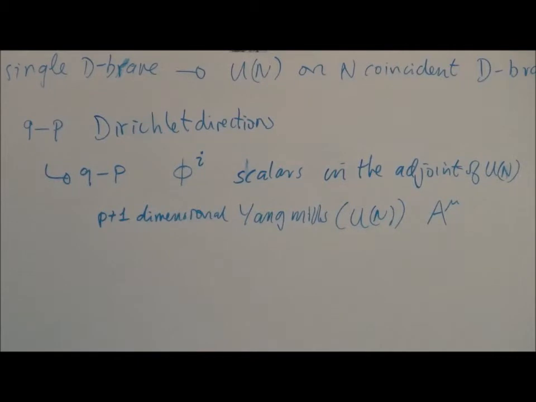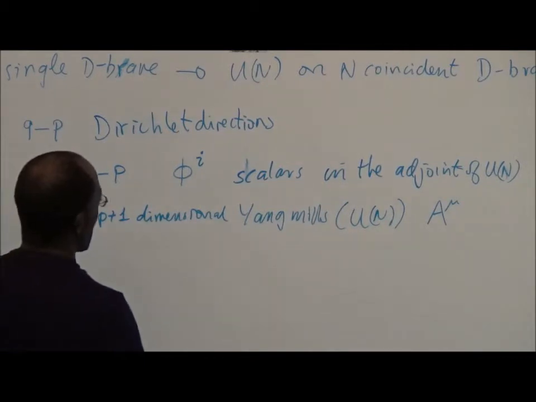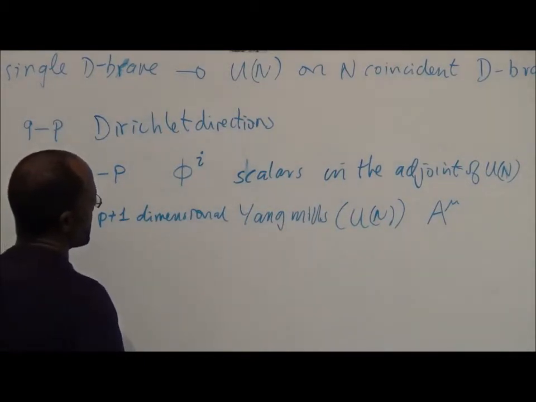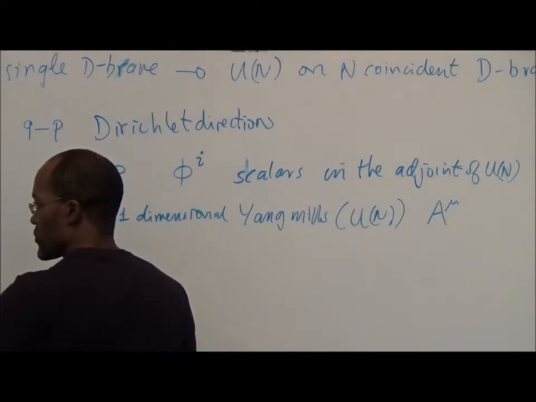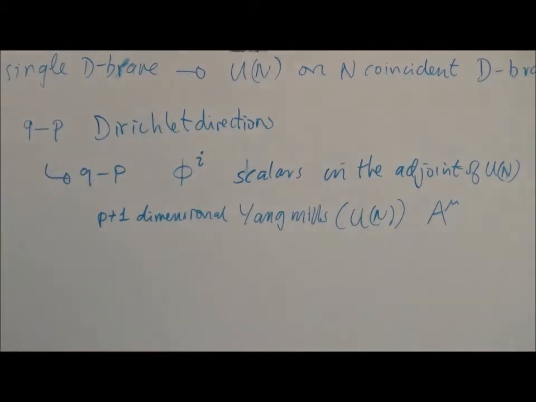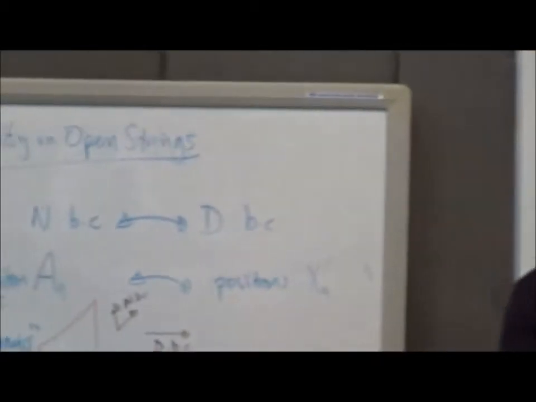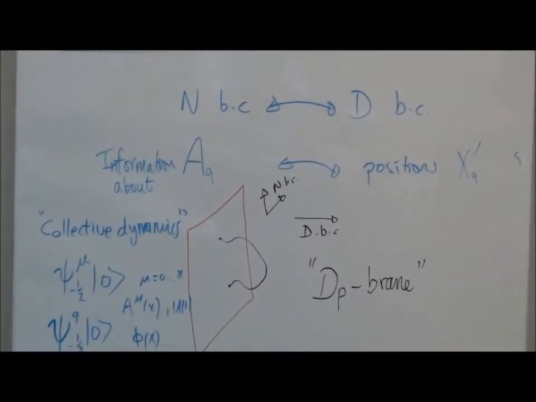Okay, and then now you see how to complete the exercise I was telling you about. I was saying that the geometrical picture I was drawing where I had multiple D-branes, I had 2 of them, was just like the adjoint Higgs mechanism, right?